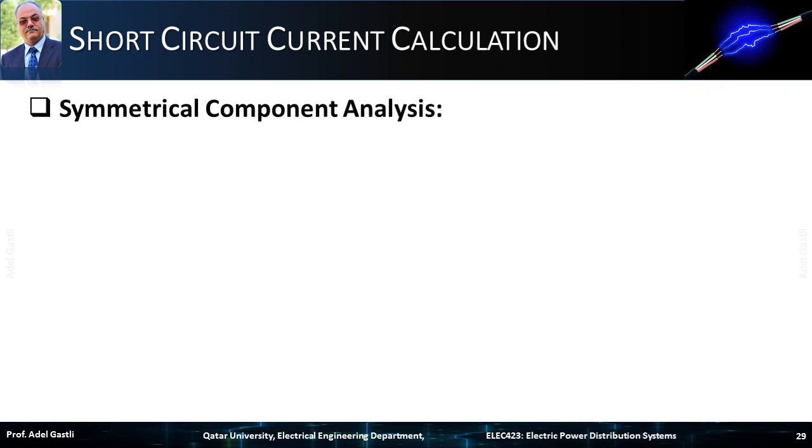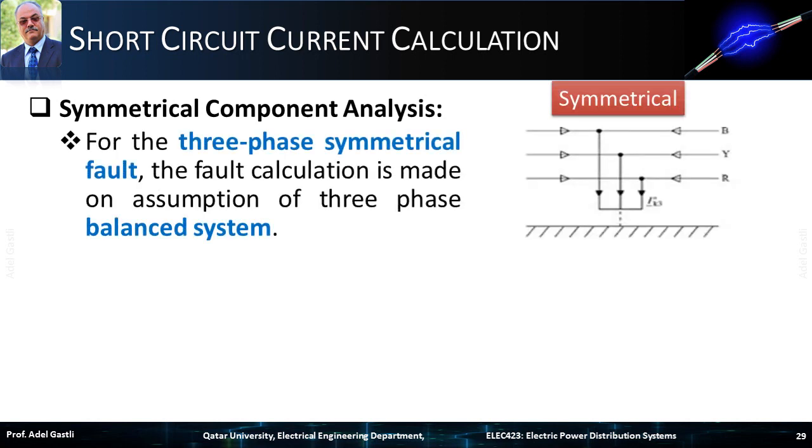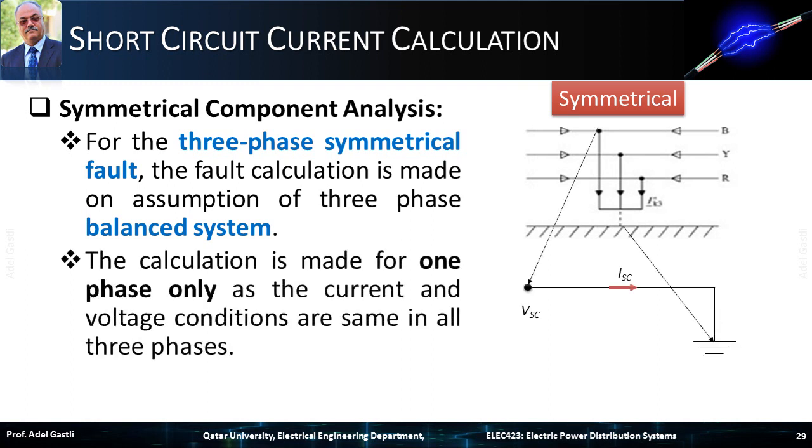To deal with unsymmetrical faults, we use the symmetrical component analysis. For the three-phase symmetrical fault, the fault calculation is made on the assumption of a three-phase balanced system. The calculation is made for one phase only, as the current and voltage conditions are the same in all three phases.